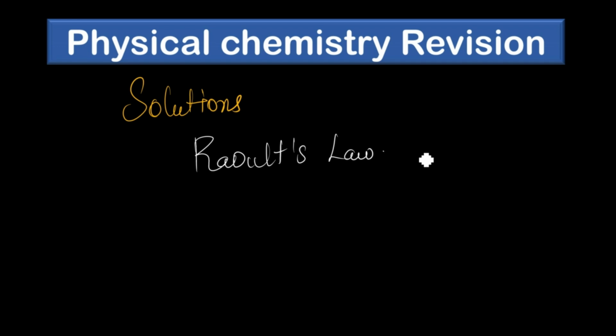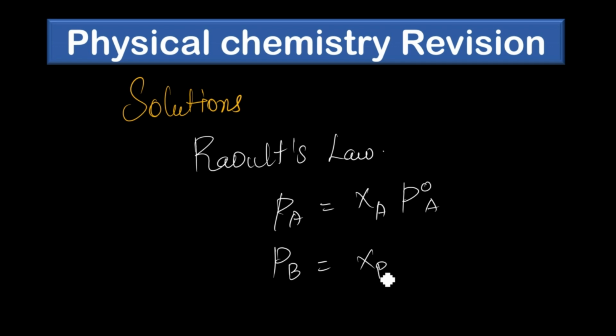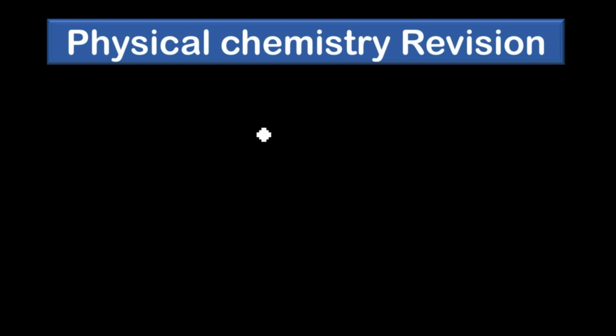Raoult's law states, for the volatile components A and B, that PA is equal to the mole fraction of A times the vapor pressure of pure A. Similarly, you can write it for PB as well: mole fraction of B times the vapor pressure of pure B. If they are asking for total pressure, then it is PA plus PB.